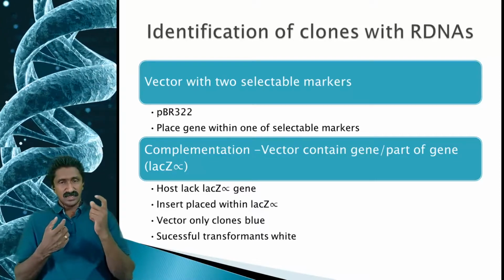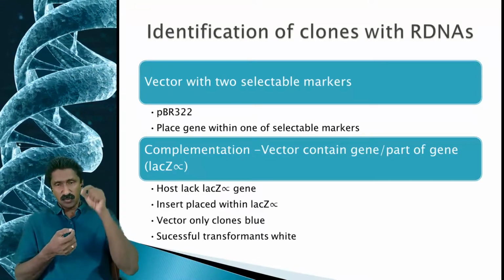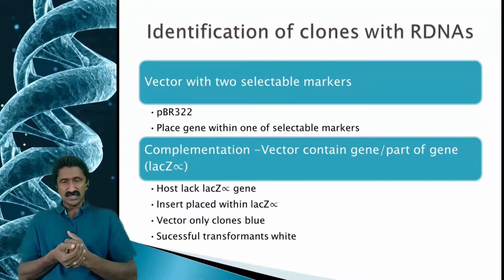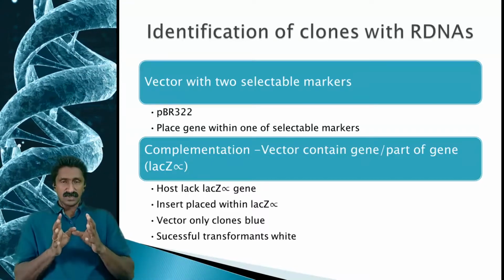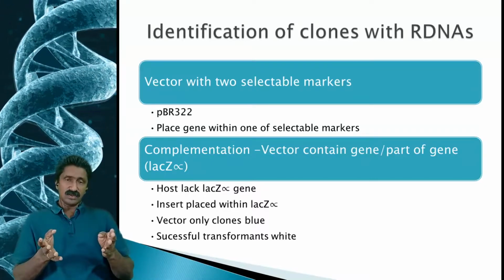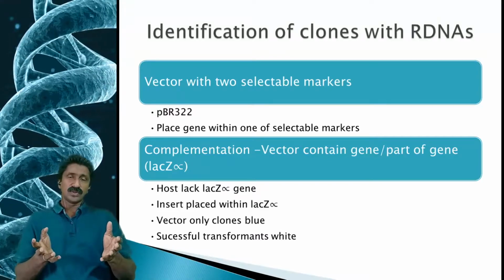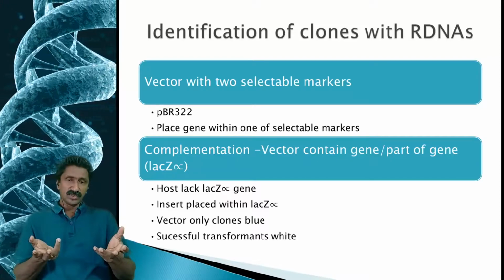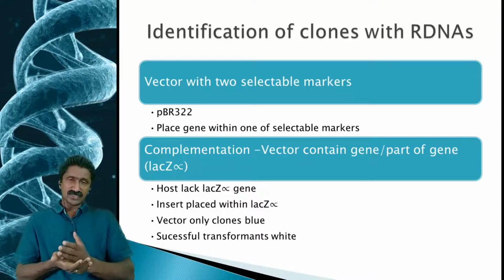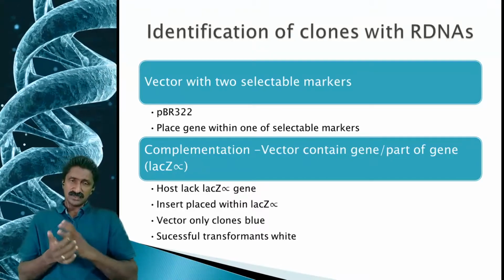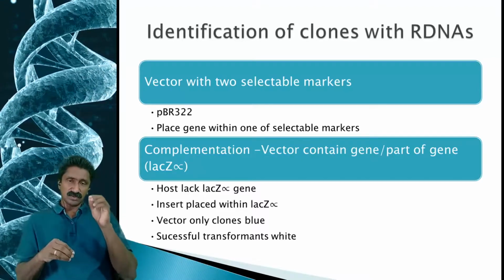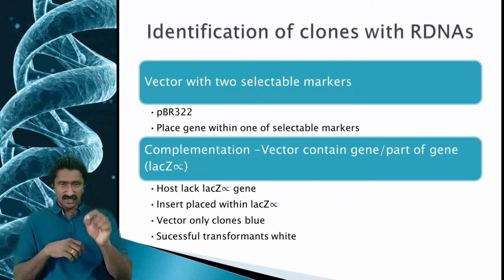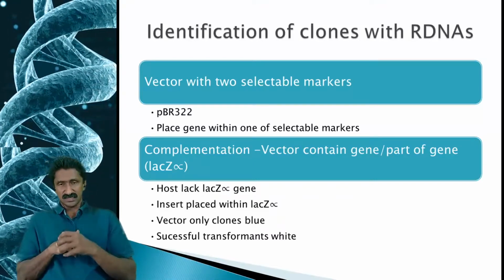So once the DNA insert is placed within the selectable marker, for example, the ampicillin resistance gene, then that cell will no longer have the ability to grow in ampicillin-containing medium. So a selection process can be arranged by inserting the gene of interest within the selectable marker.